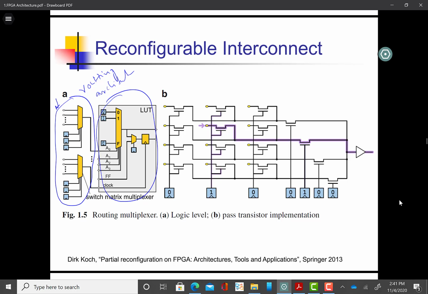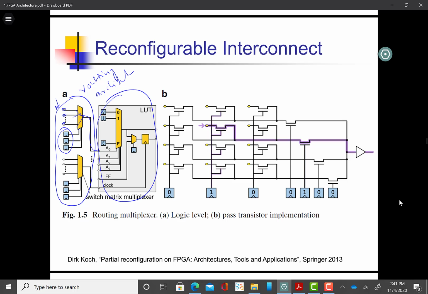You can see that you can connect these wires depending on these SRAM cells. Either this wire can connect to the input of the lookup table, or this wire can connect, or that wire can connect, and this is basically the switch matrix multiplexer.